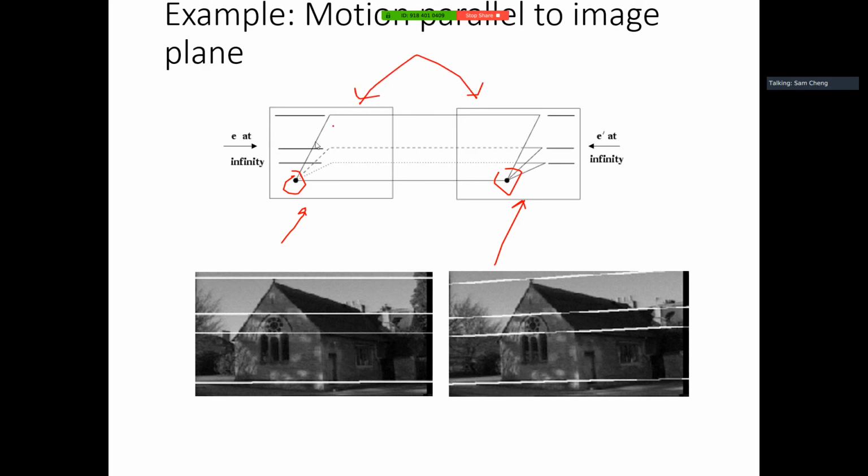So there will be no epipole here, or you can imagine the epipole is at infinity. You see that these epipolar lines are actually parallel to each other.